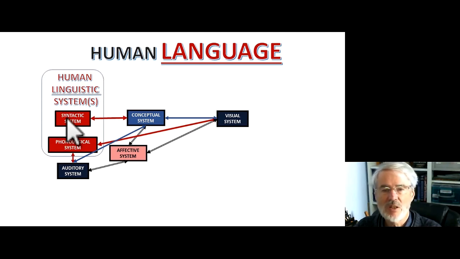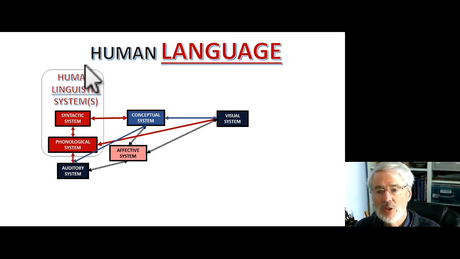There's the syntactic system, which creates linguistic structure that we call syntax for deciding the way that words can combine, or parts of words can combine in different ways, and we have a phonological system which uses representations taken from the auditory system and creates a particular kind of structure that we call speech structure, or it can be used in sign language to create a sign language structure.